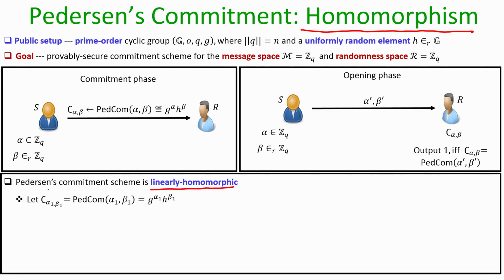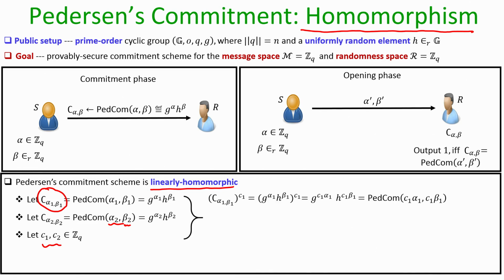You just know the commitment, yet you do not know what exactly is the value which is committed and what is the corresponding randomness. In the same way, imagine you are given a commitment of another unknown alpha 2 with respect to an unknown randomness beta 2, and say you know public constants C1 and C2 belonging to the set Z_q.